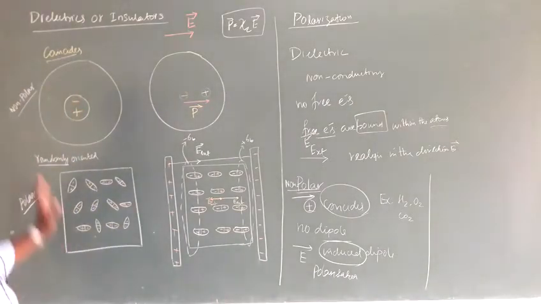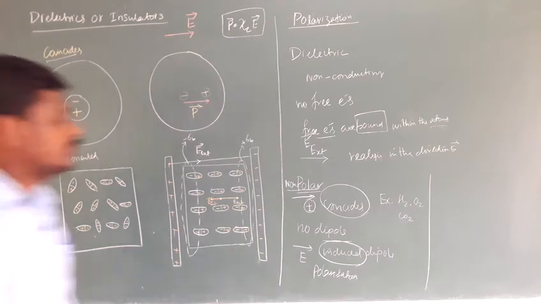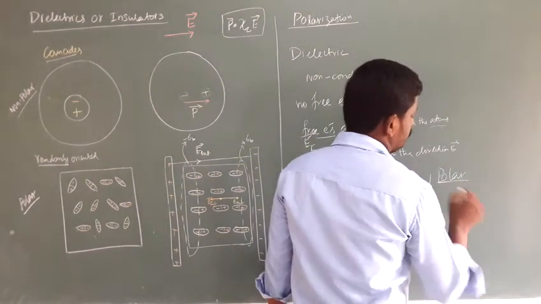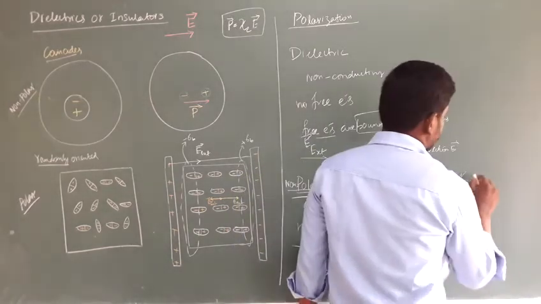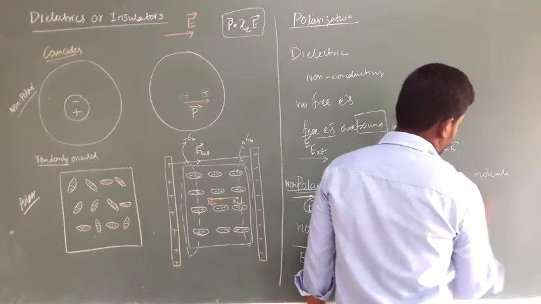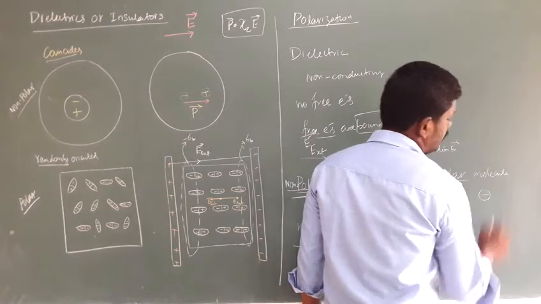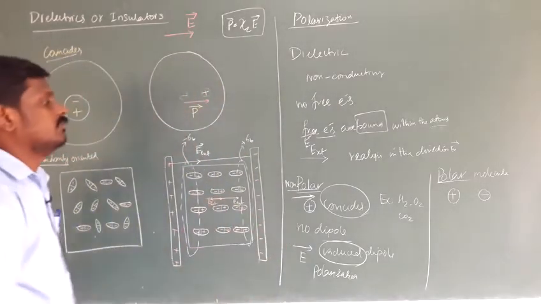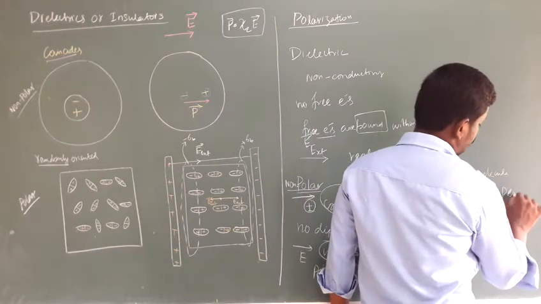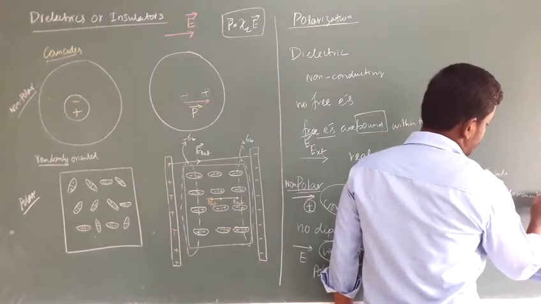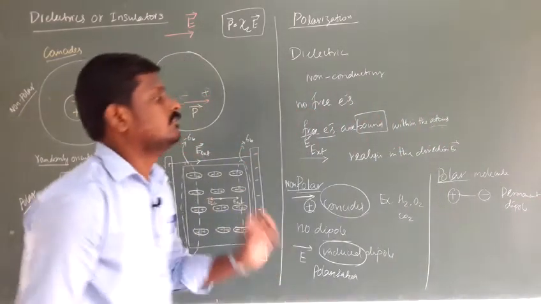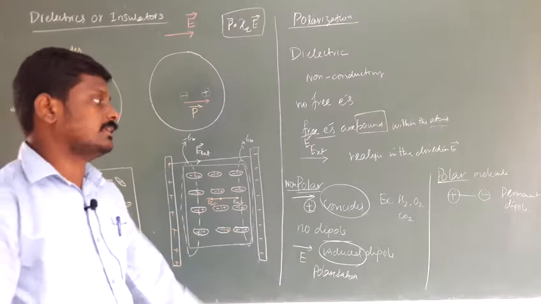In the case of a polar dielectric, polar means, as I have already studied in chemistry, that the positive charge and negative charge are separated from each other. So it has a permanent dipole, already present, without applying an external electric field.